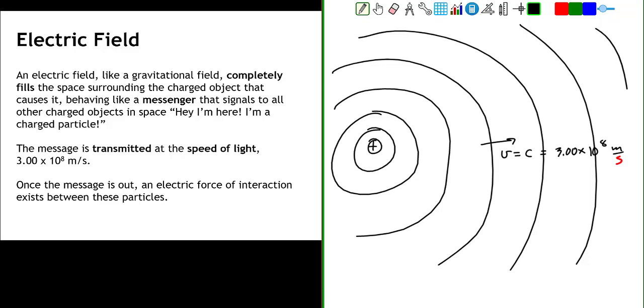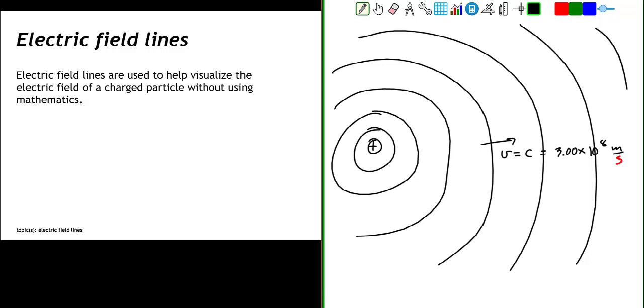The analogy I'm using with these circles is kind of like sound waves. You yell out and the message goes out. Or you could visualize it as maybe you drop a rock in a lake and ripples spread out. But this isn't really how you and I will model the electric field, because it doesn't really look like this.